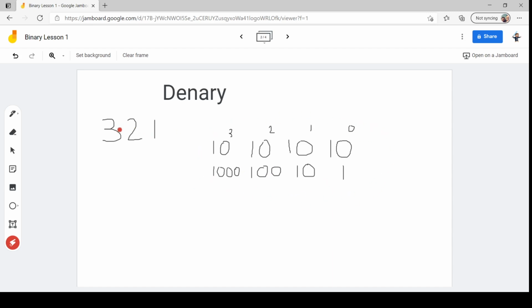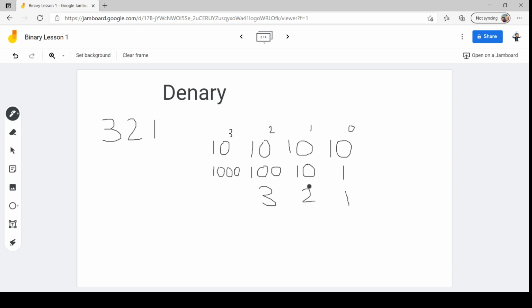So if we look at the number 321, okay, that is 1 unit, and it is 2 tens, and it is 3 100s, okay? So our number is made up from these units, okay? It's 1 unit, 2 tens, and 3 hundreds, because it's 321, okay?